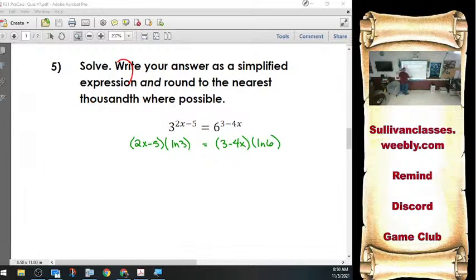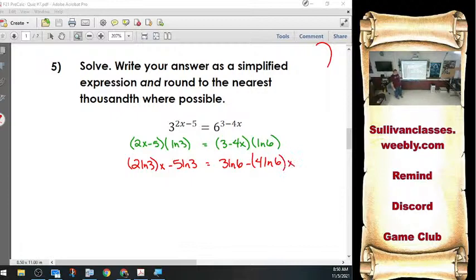And I'll distribute: 2 ln of 3 x's minus 5 ln of 3's, 3 ln of 6 minus 4 ln of 6 x's.